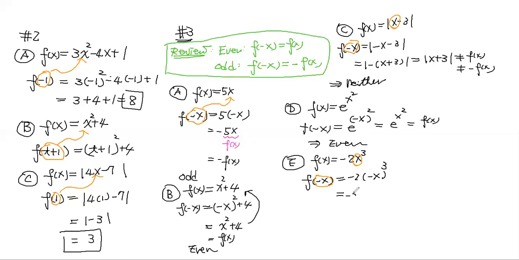So the negative cubed will still give you negative. Then here's x cubed. So negative times negative will give you what? Positive, so it's positive 2 x cubed. This is negative 2x cubed, right?